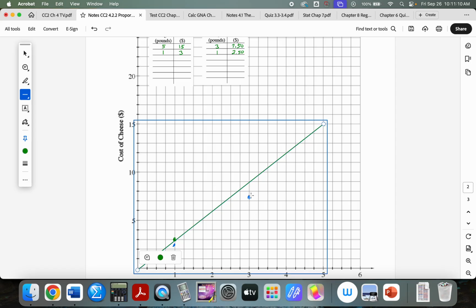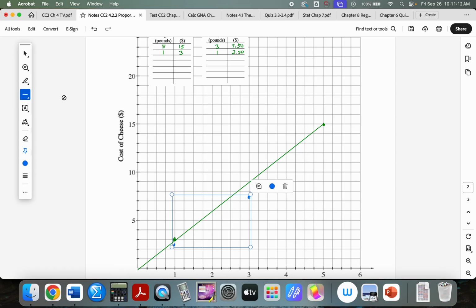Yeah, it doesn't like that. And I'm going to go ahead and do, let's see, if I bought 4 pounds, that would be $10.